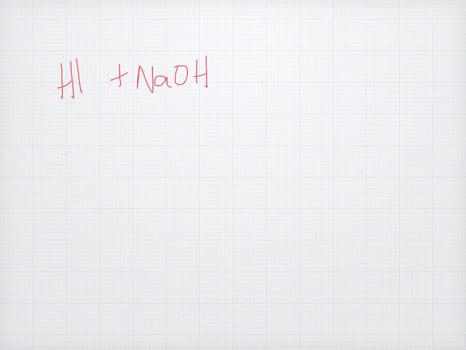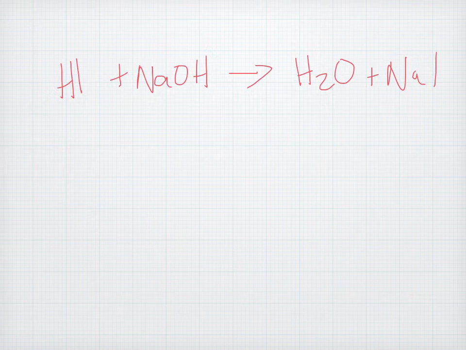So let's look at some examples. I have HI plus NaOH giving me H2O plus NaI. So my NaI, that's what they form, and my H and my OH form water.